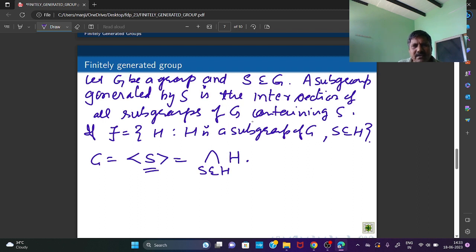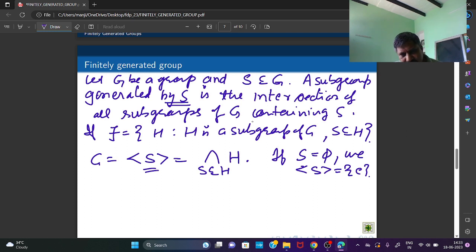So we can say this is the group generated by a set, and this set may be finite or infinite. If S is phi, we certainly write this is equal to E, because a subgroup contains at least one element E, and in case of other particular situations, we take the intersection of these subgroups.